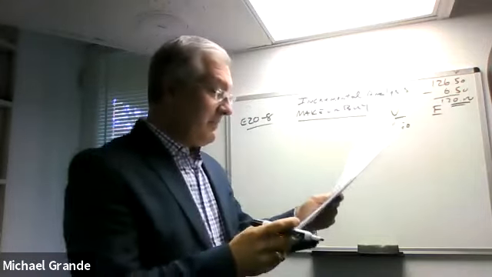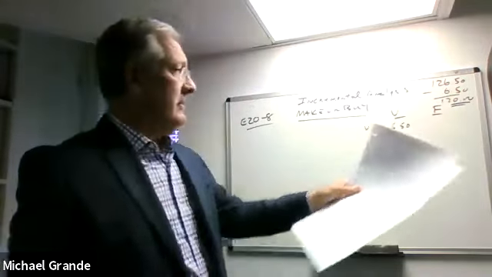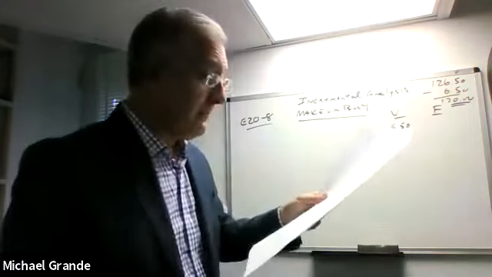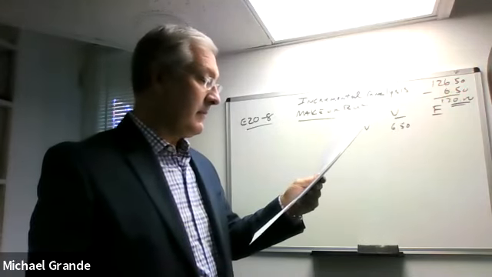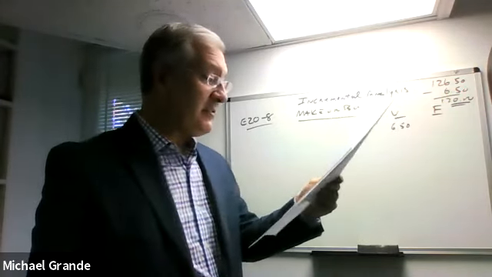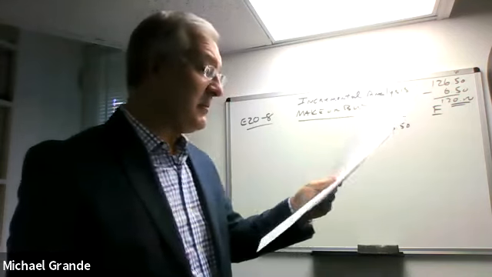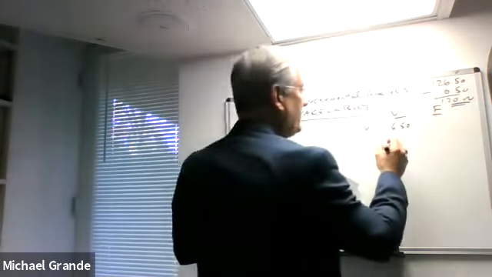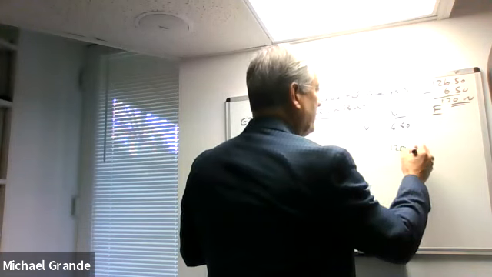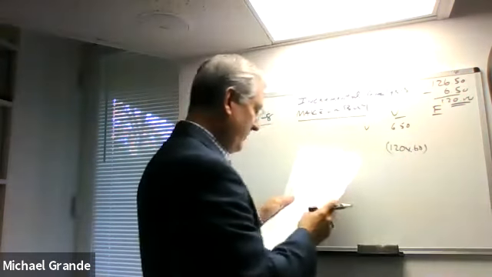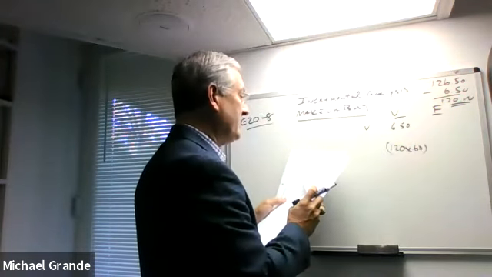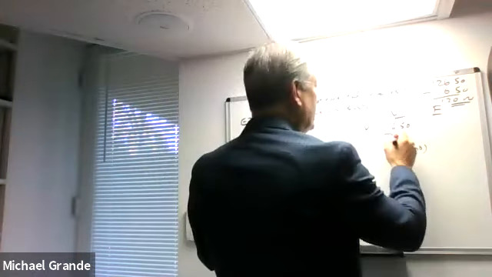And they say that the remainder, $120, is applied on the basis of direct labor dollars, and it's 60% variable. So 120 times 0.60 is variable, which is $72.